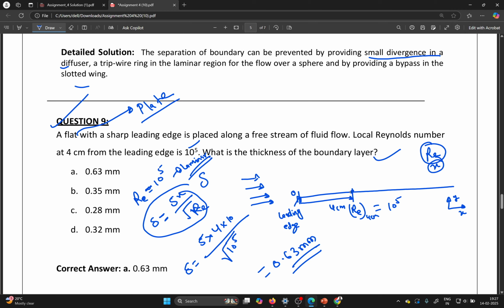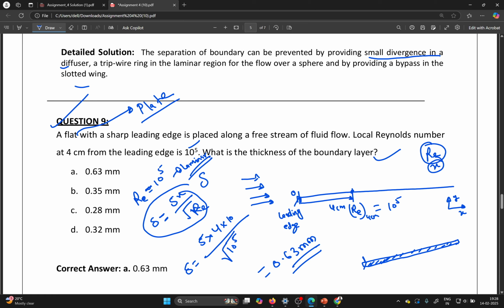Just imagine, 1 mm, when you see the 15 centimeter scale that you are using for making any line, 1 mm is just a single line, and this is almost 0.6 mm. 0.6 mm means almost half of this line.